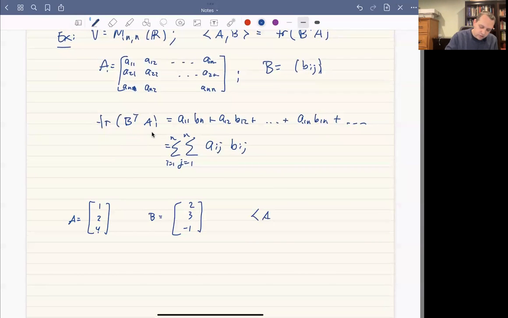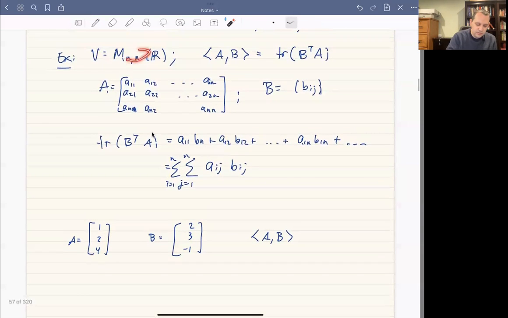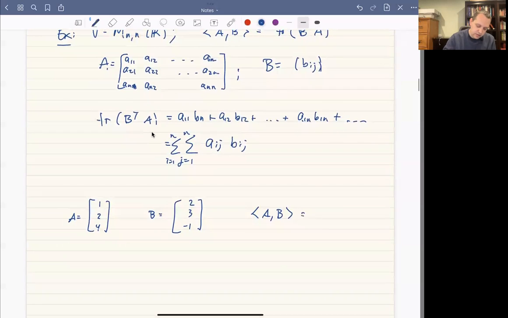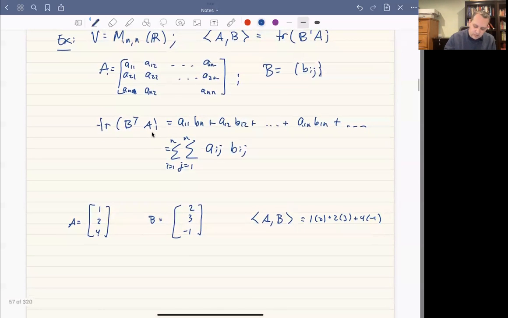Then the inner product of A and B, here I'm not talking about square matrices anymore, it doesn't matter, would be 1 times 2 plus 2 times 3 plus 4 times -1. And that should feel very much like the dot product, right? It basically is the dot product, when you think of vectors as being n by 1 matrices or 1 by n matrices. The dot product is really just exactly this. So this is kind of a generalization of the dot product.